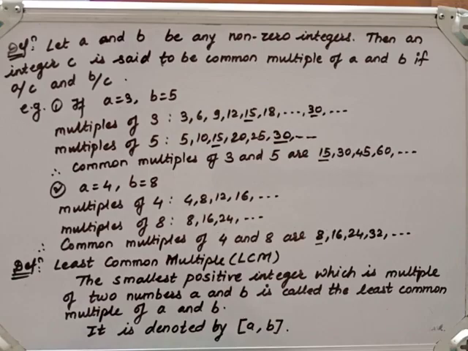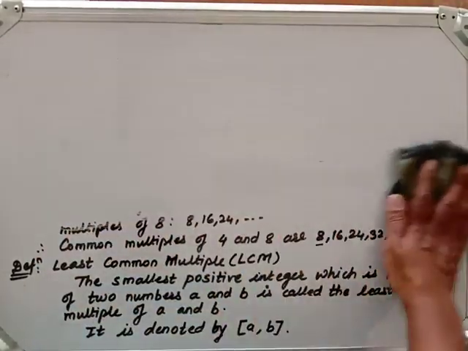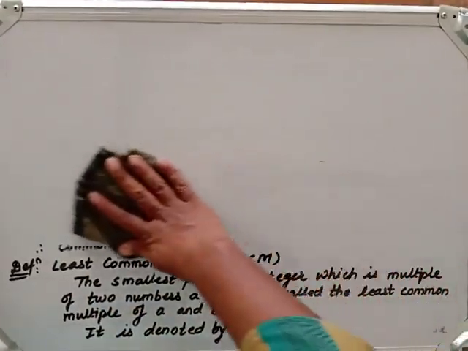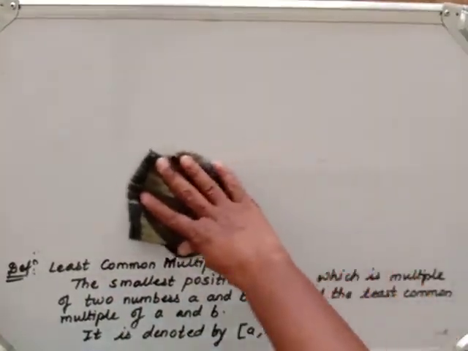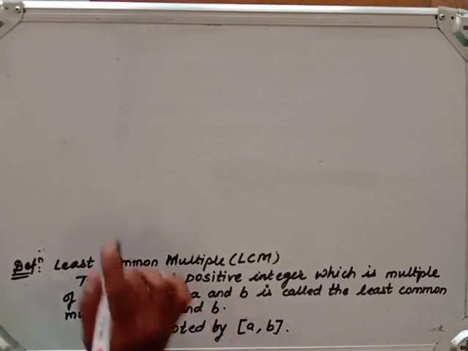Now let us see one more definition for LCM, an alternative definition. The straightforward definition is the smallest positive integer which is a multiple of both the numbers, that is the least common multiple.